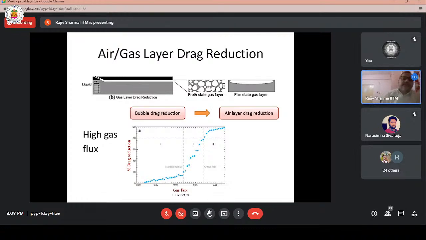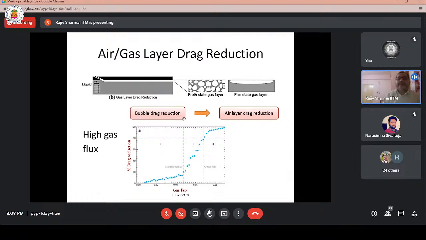So you have liquid, you have structure, and in between you are trying to ensure the generation of a layer consisting of air and gas. If you are consistent, then you may get a complete layer, or you may get froths, basically the components.